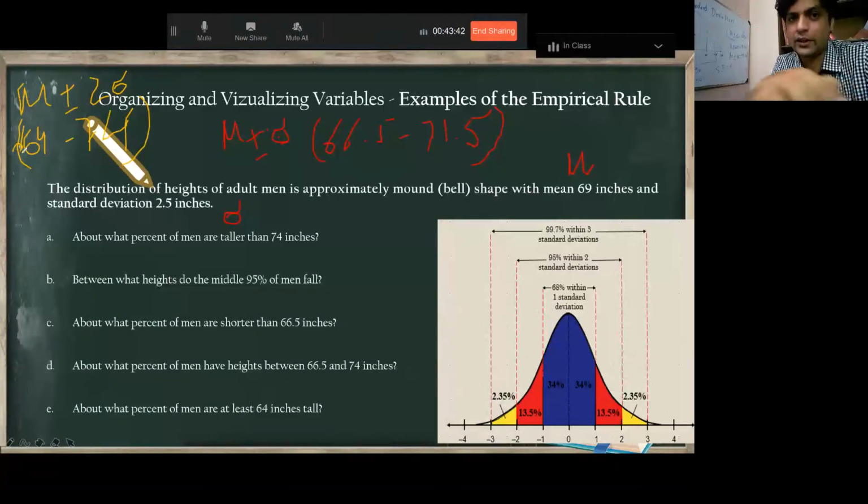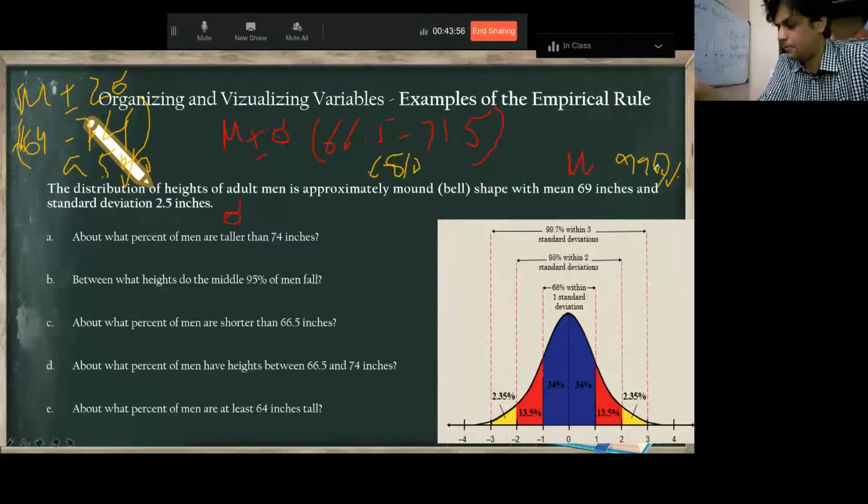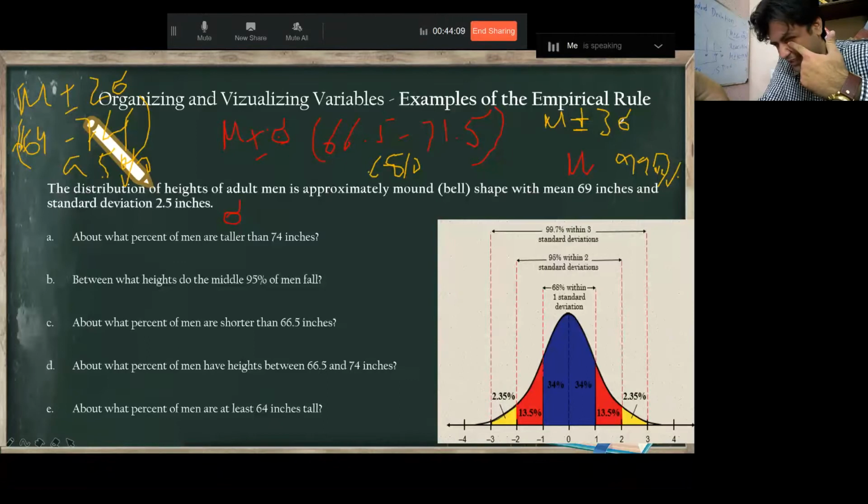So 68% of the data lies under mu plus or minus sigma, 95% of the data lies under mu plus or minus 2 sigma, and 99.7% of the data lies under mu plus or minus 3 sigma, which is 3 times 2.5.